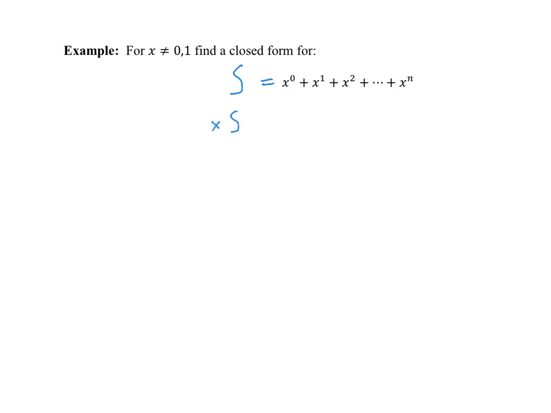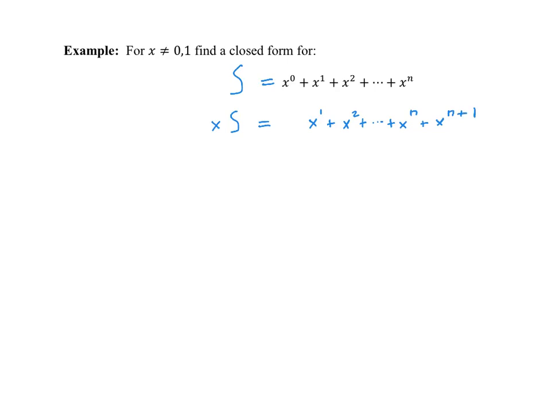So x s. So what that would do is make x to the power 0, x to the power 1, plus x to the power 2, plus dot dot dot, then x to the power n, and there would be one more term, x to the power n plus 1.